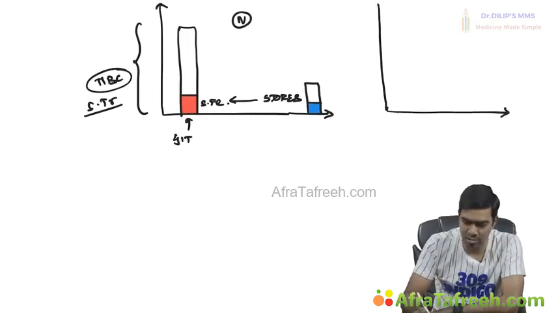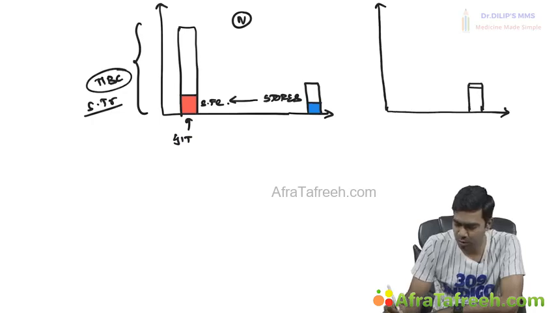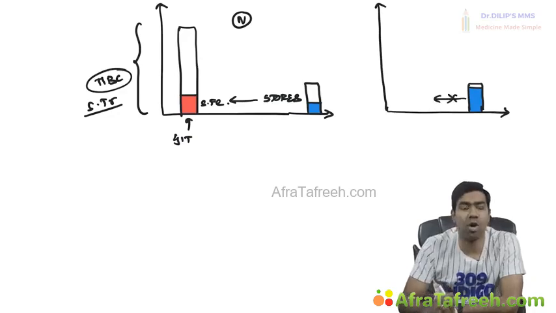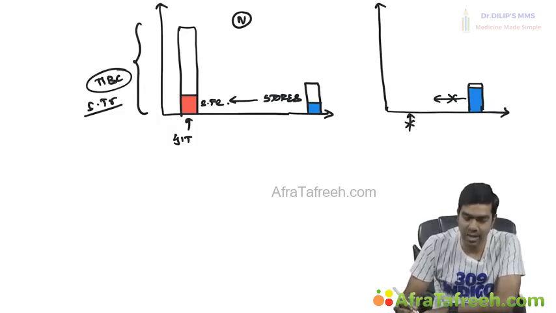So this is the normal finding, and what will be the graphical representation in anemia of chronic disease? If you ask me what will happen in anemia of chronic disease, you can draw your stores as very, very high, almost full stores, because your stores are blocked from releasing the iron into the blood. At the same time, your GIT is also blocked, because your absorption from the GIT is also blocked.